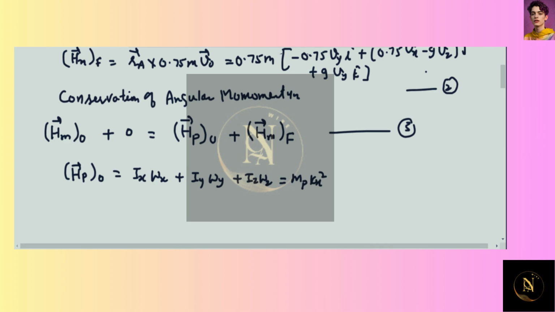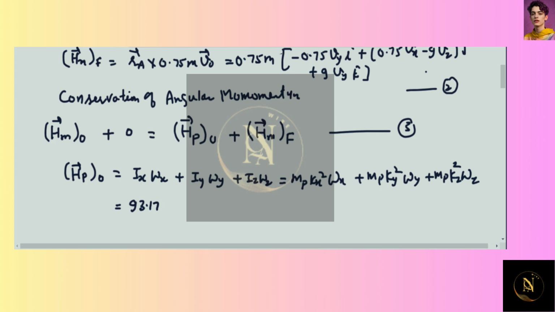Angular momentum is defined as the product of moment of inertia and angular velocity, and moment of inertia is mass times the square of the radius of gyration. So Mp ky square omega y, and kz square omega z. Substituting the values, you can simplify.